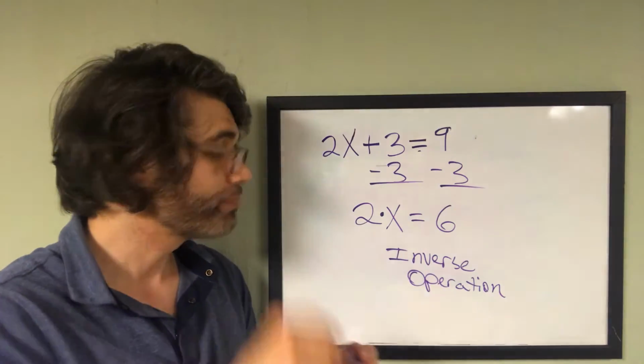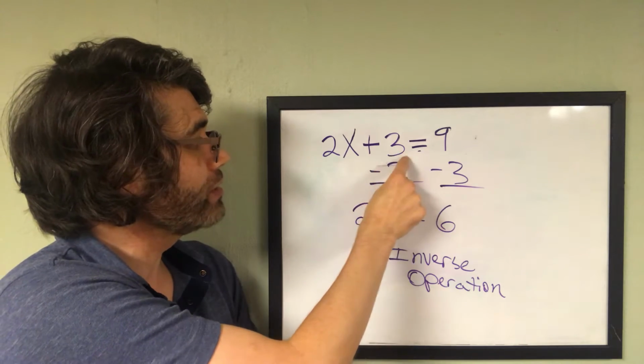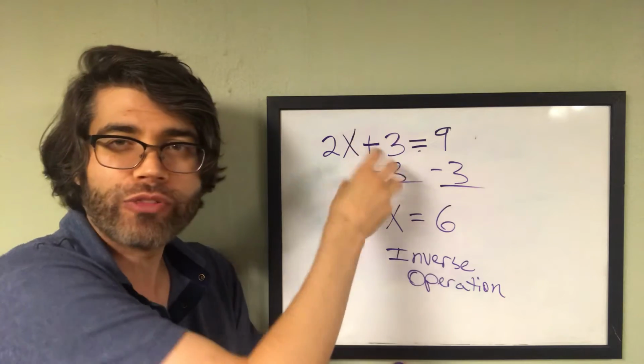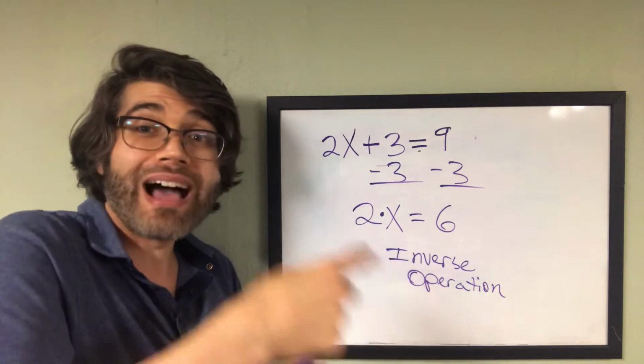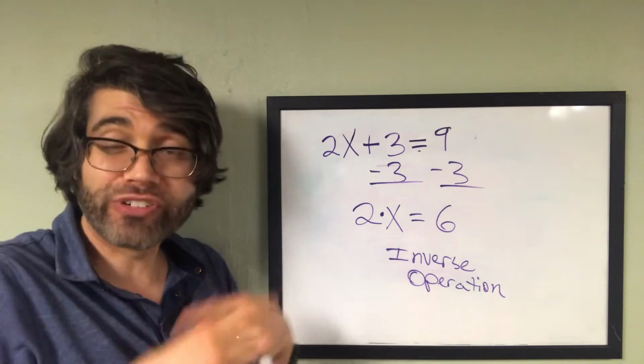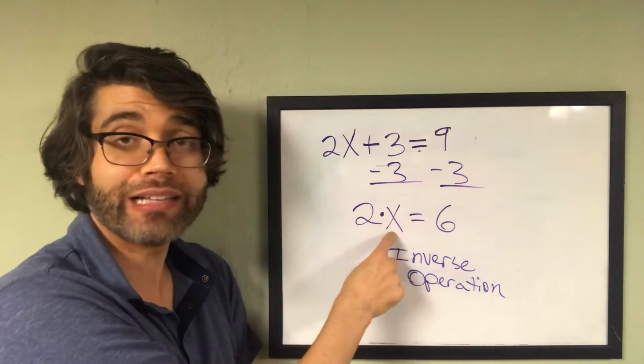Okay, so what we're trying to do, you see that we had an addition symbol here and now we subtracted it? Do you kind of see that we're doing the reverse or the opposite or the backwards version of whatever operation is here to try to get x isolated?